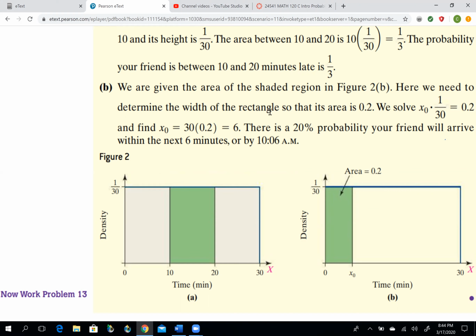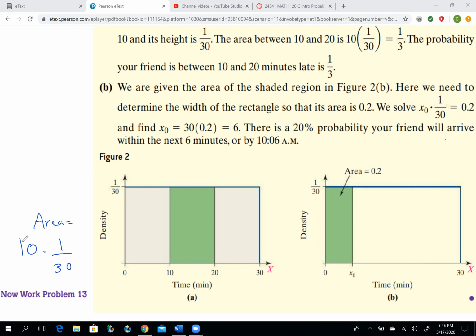So again, guys, this rectangle, the base, the distance between 20 and 10, is 10, and the height is 1 over 30. If I want to find the area, the area is going to be 10 times 1 over 30.